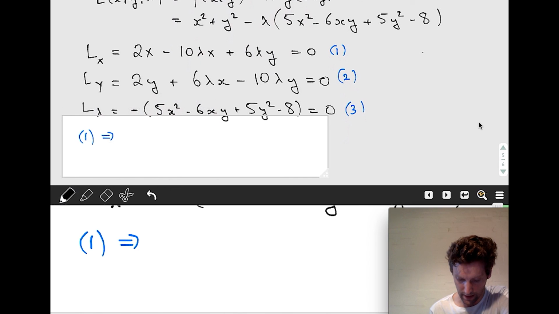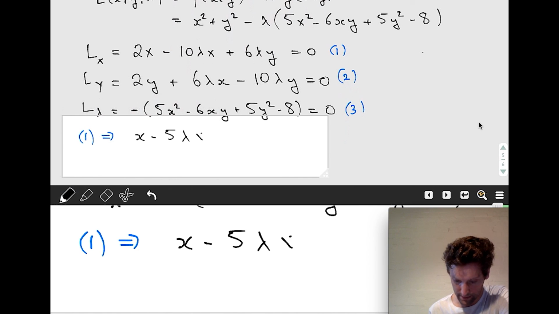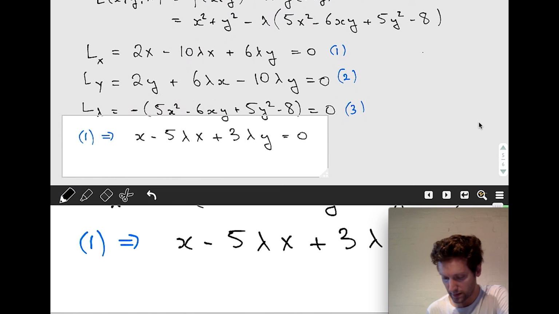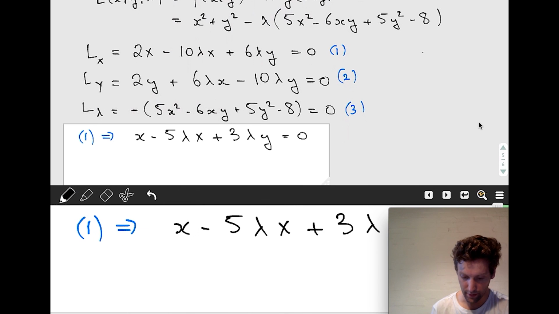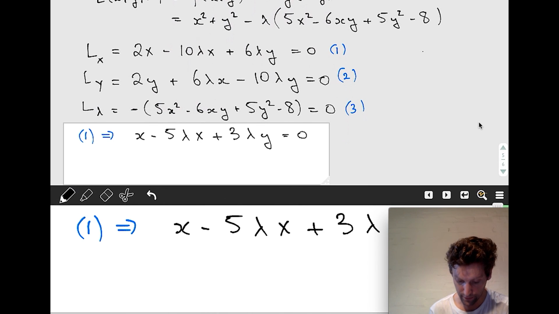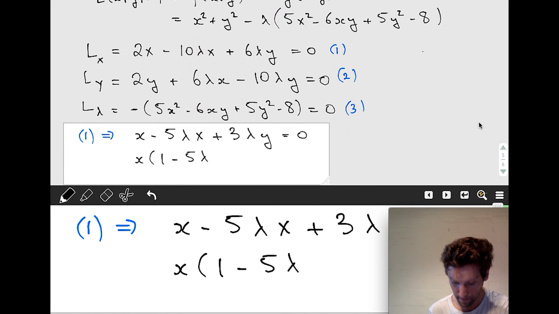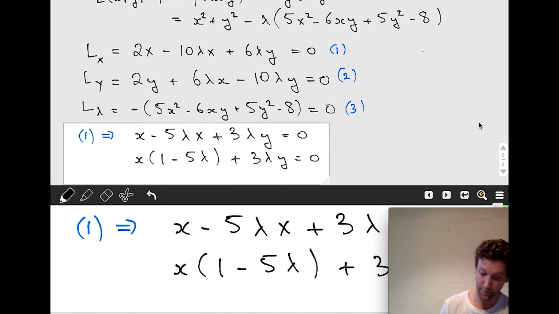That gives me x minus 5 lambda x plus 3 lambda y is equal to 0. Let's take out a common factor of x in the first two terms: x times 1 minus 5 lambda, plus 3 lambda y is equal to 0.